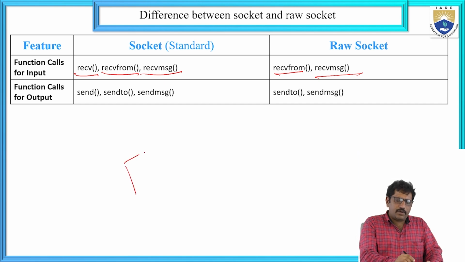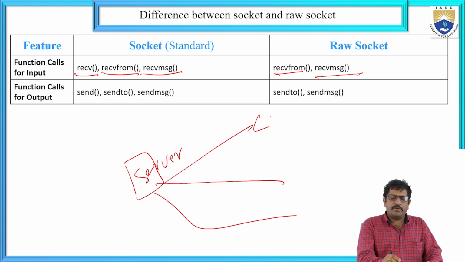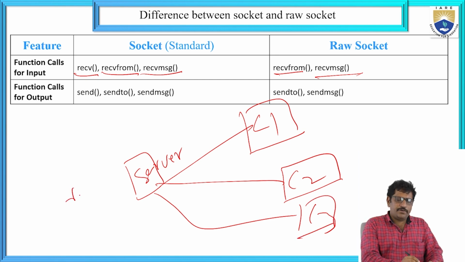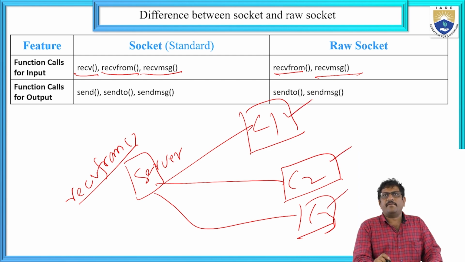Here the server mission is receiving from a number of other clients, other hosts: client 1, client 2, client 3. If you use the receive from function, with the help of it the server specifies from which client it is going to receive the data.